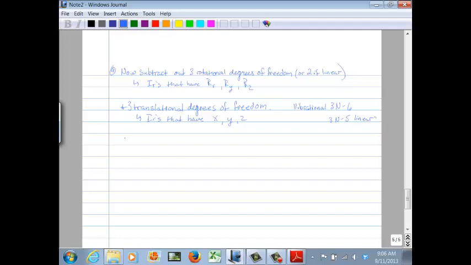If you've had PChem, I'm pretty sure you've talked about that. No? Okay, well, you'll see this formula soon. Any molecule will have 3n minus 6 vibrational modes, unless it's linear, in which case it has 3n minus 5, where n is the number of atoms in the molecule.